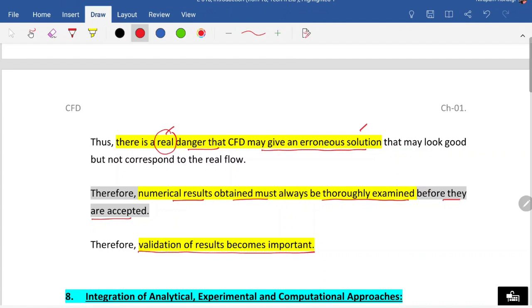Because if you are able to do the experiment for the case which you are interested in, then there is no need of CFD. If you are able to do experiment on a problem which is of your interest, then what is the use of CFD? If you can.